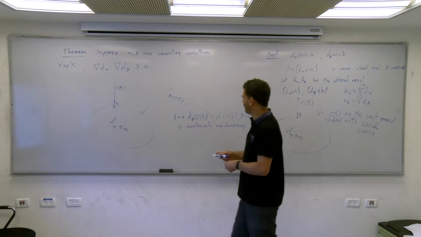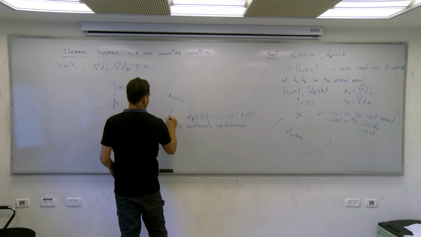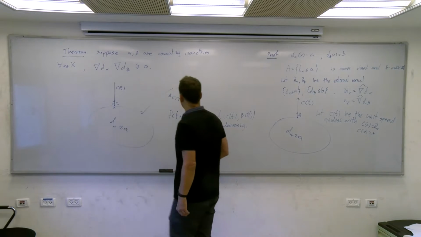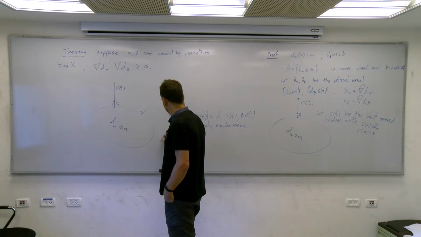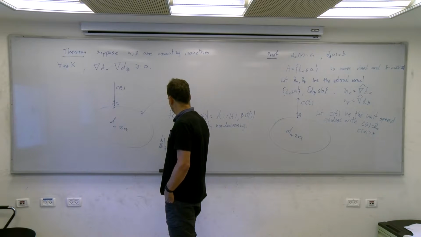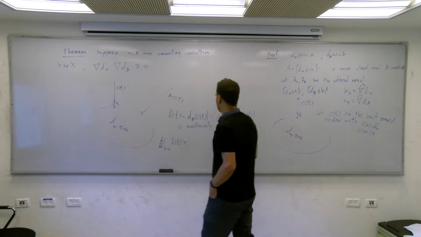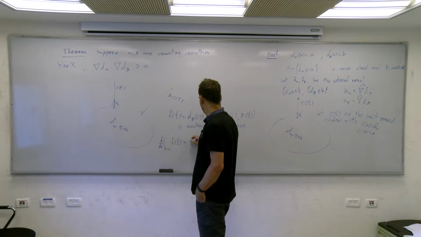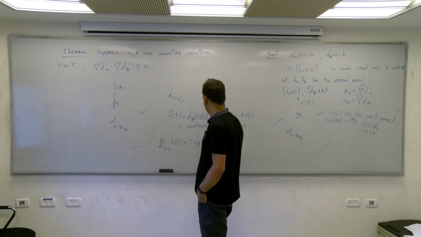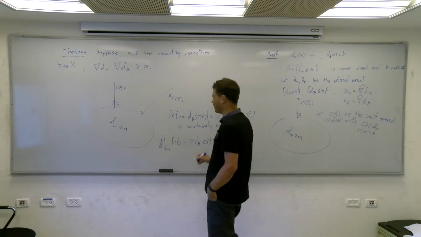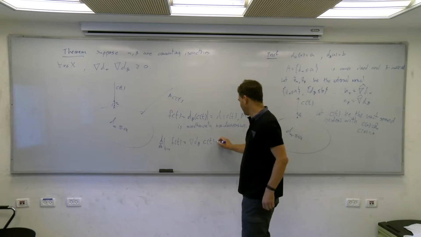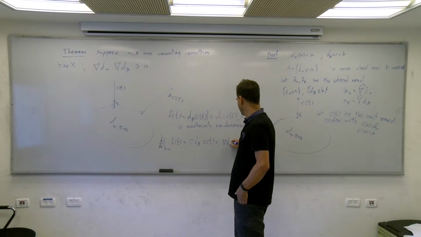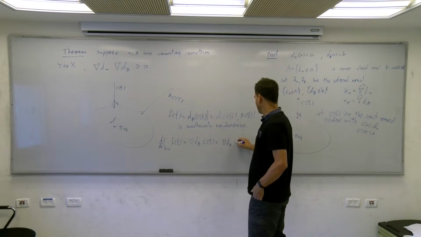But you have this function, so let's denote it by f of t. Then differentiate it. We look at the derivative at time 0 of f of t. This is the gradient of d beta times c dot of t. By definition, it's the gradient of d beta times n alpha.